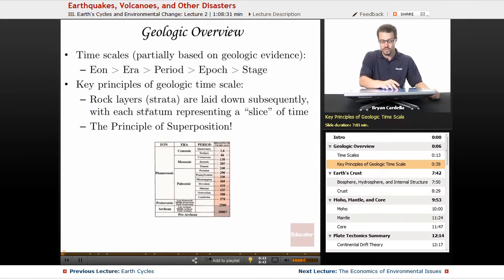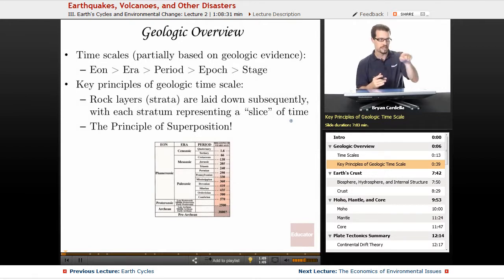So some key principles of the geologic time scale. Rock layers, or strata, are laid down subsequently, with each stratum representing a slice of time. Now that makes sense. When you have movement within the crust and you get certain violent earthquakes, volcanic eruptions, etc., along with erosion over time, you can see where the sides of mountains have clear, defined layers.